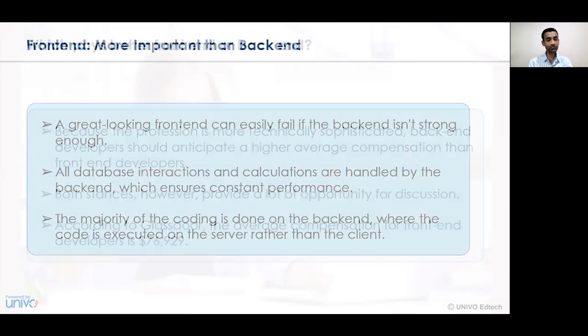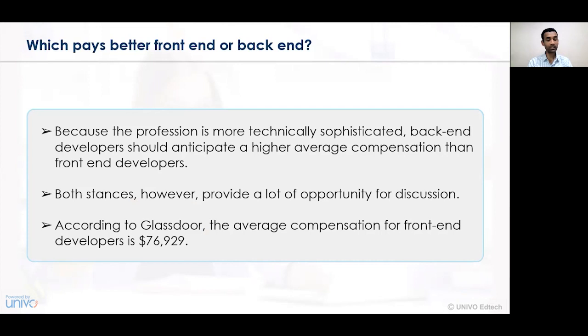Now let's understand which pays better, a front-end job or a back-end job. Depending on a certain job or profession that one has been conducting, there are various technicalities or sophisticated activities conducted at the front-end level or at the back-end level.